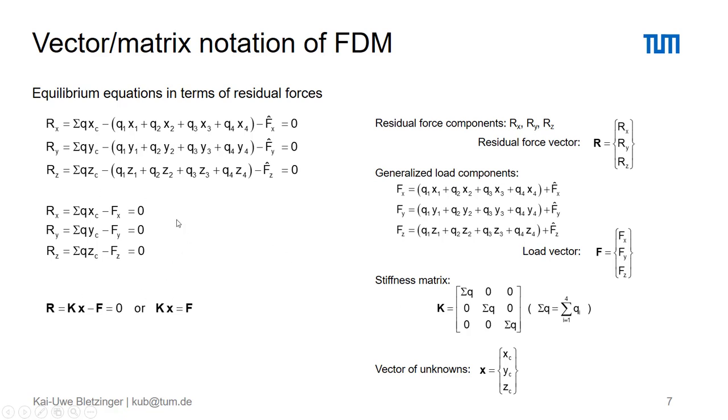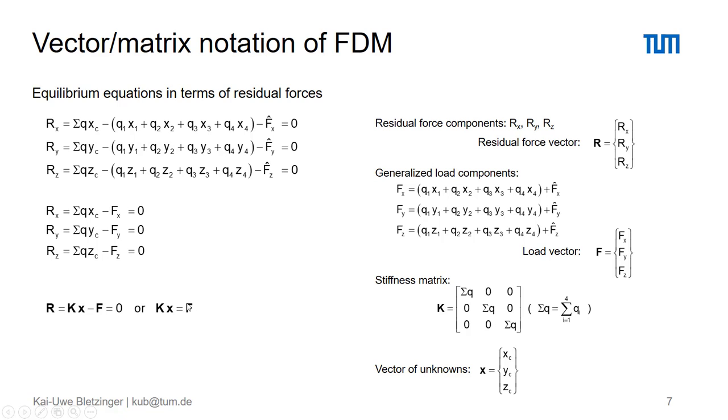And then we may rewrite these 3 specific equations into a vector matrix equation which exactly expresses what we see above. So the product of the stiffness matrix with these entries on the diagonal times the vector of the free variables minus the load vector, that together is the residual force vector, is equal to 0.